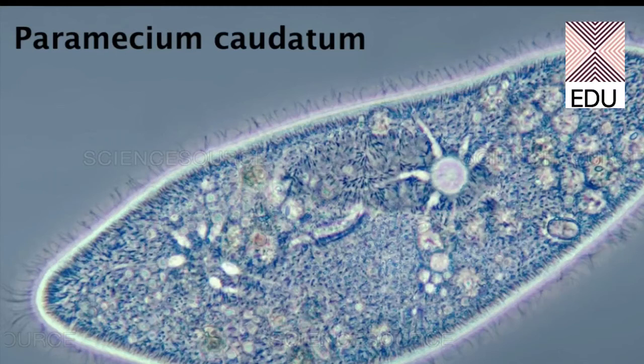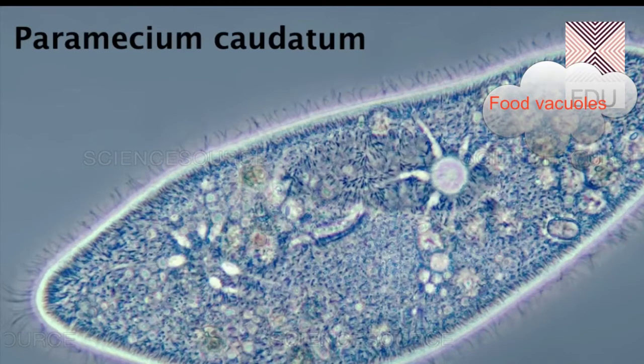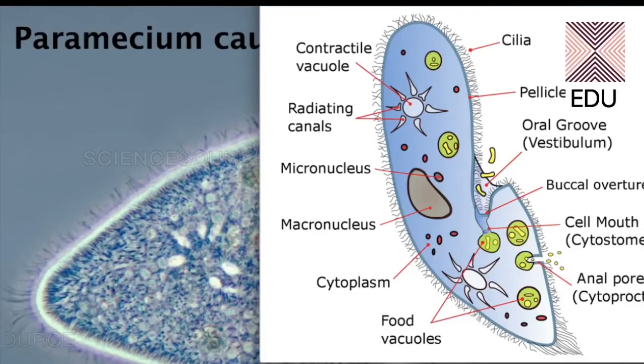Now in paramecium, as we have seen in amoeba also, we have a large number of food vacuoles. You can well see these are the food vacuoles. These are filled with food. This diagram shows a typical paramecium.